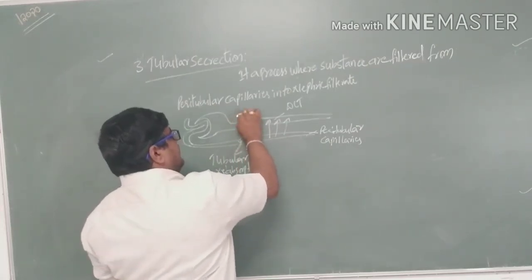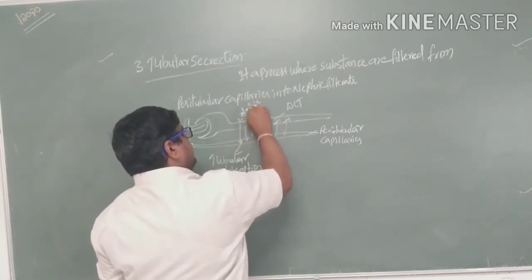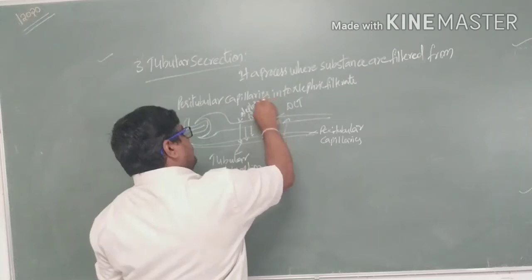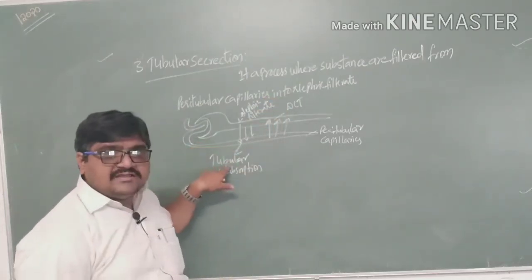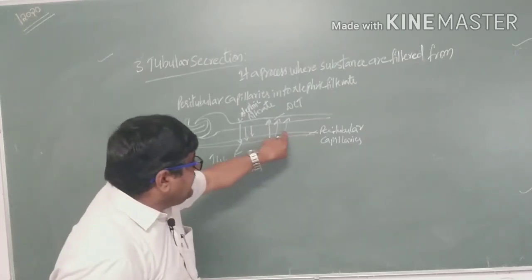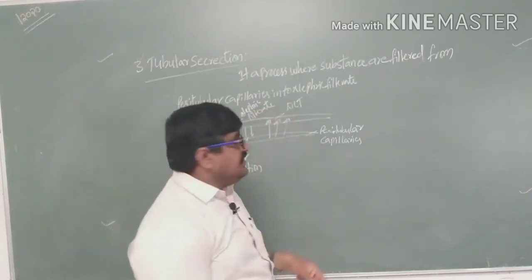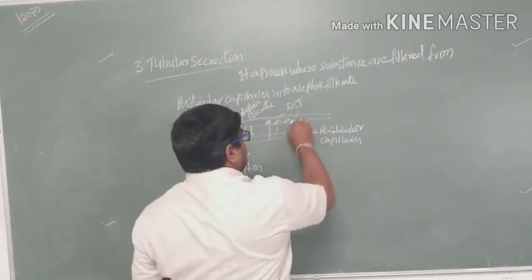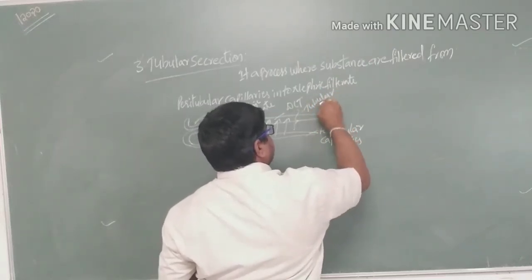This is the nephric filtrate. So from nephric filtrate it enters into the peritubular capillaries, which we call tubular reabsorption, and from peritubular capillaries into the distal convoluted tubule, we call tubular secretion.